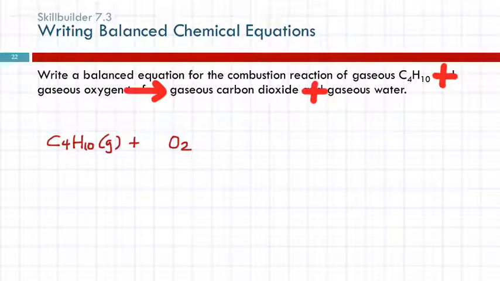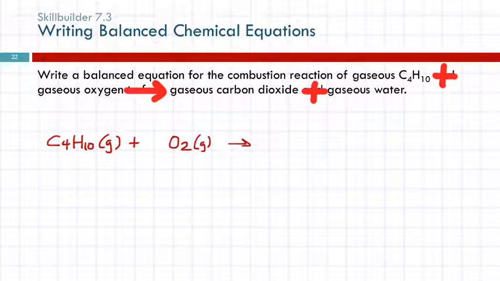If you have one of hydrogen, oxygen, nitrogen, chlorine, fluorine, bromine, iodine, by itself, the formula has a subscript 2. If you don't write the subscript 2, that would be considered incorrect. So O2, and they tell us that's a gas. So we put G here.